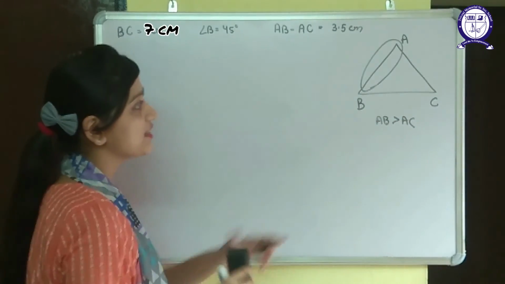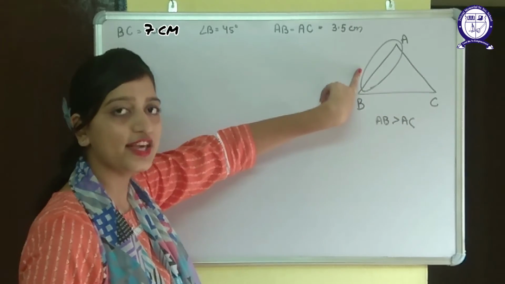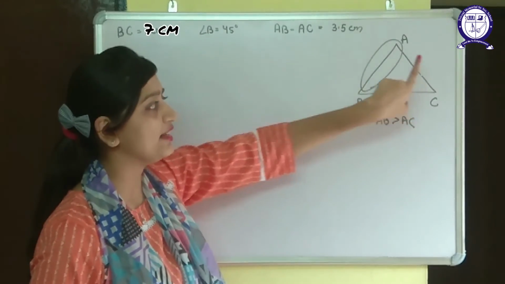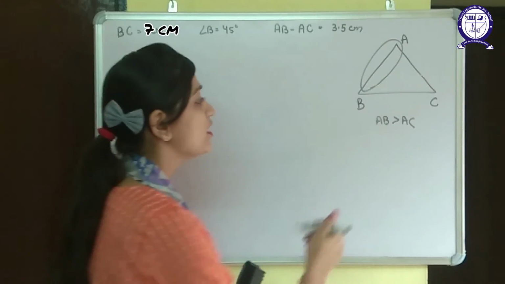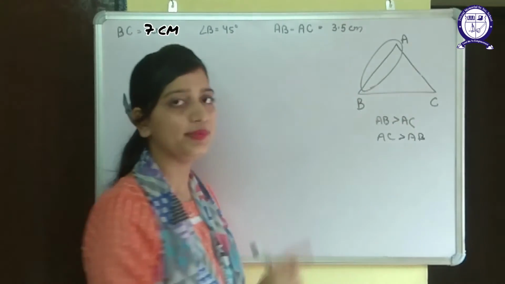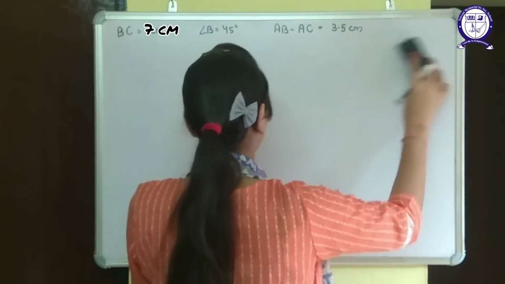If this line is greater than this line, then this is case 1. If in any question AC is greater than AB, then this will be case 2. So this is the question of case 1, and let's see how to make it.